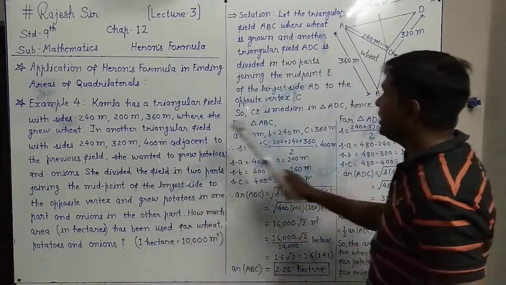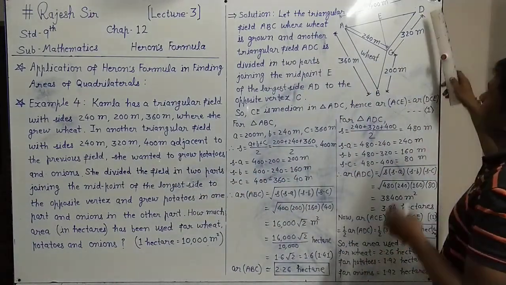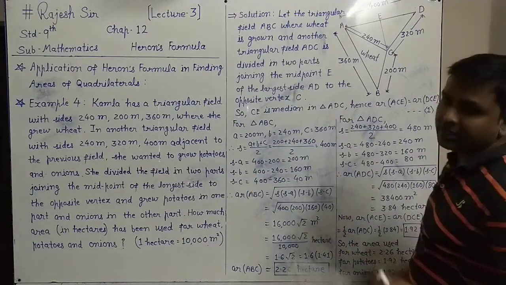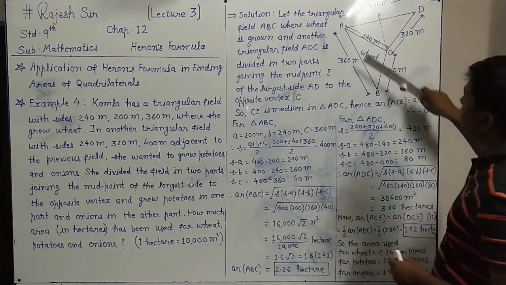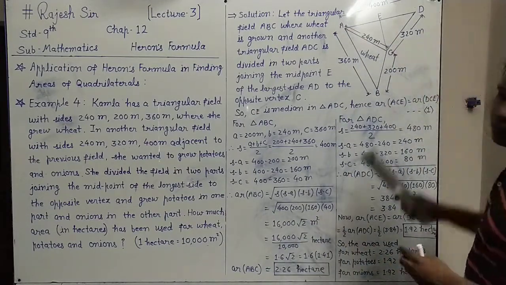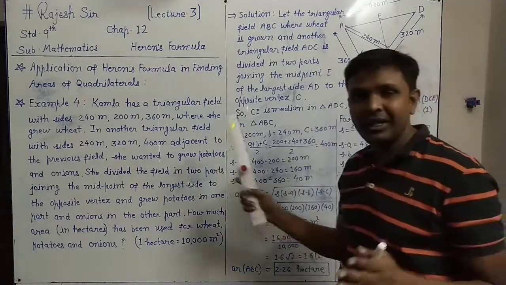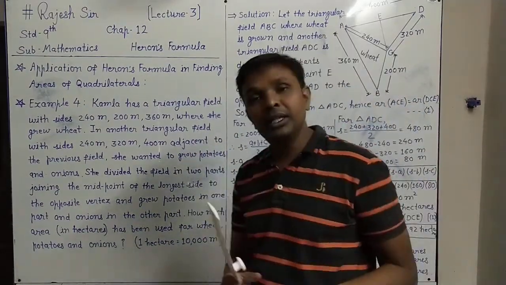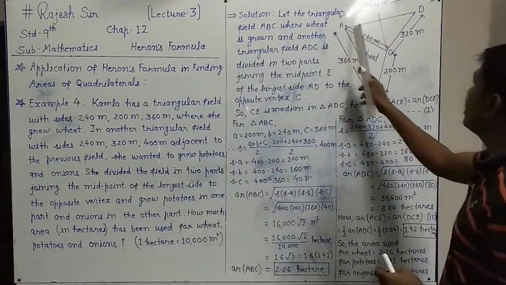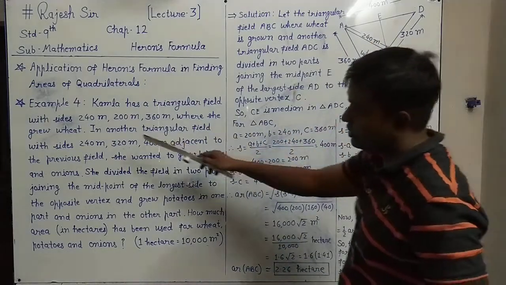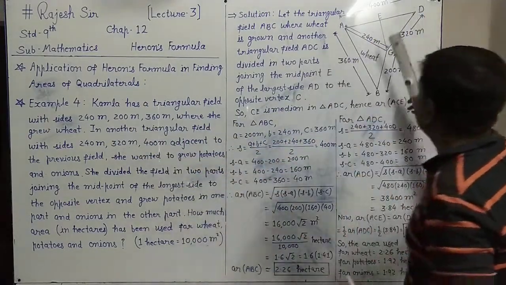The remaining sides are 320 meter, this side, and 400 meter, this side. So triangle ABC and triangle ACD are the two triangular fields Kamala has, adjacent to each other, and the common side is 240 in both.